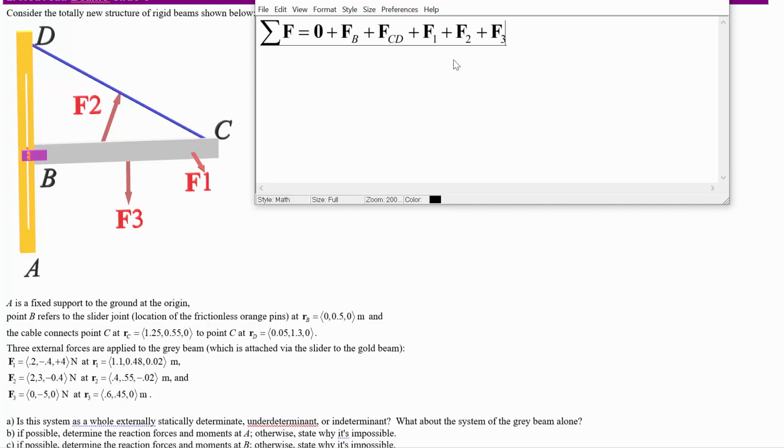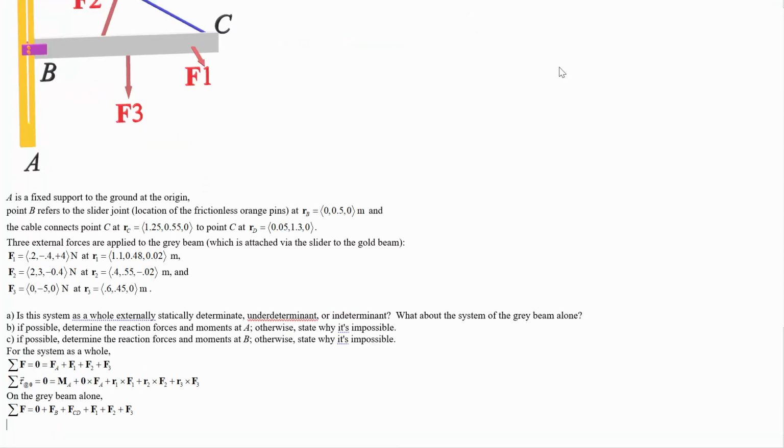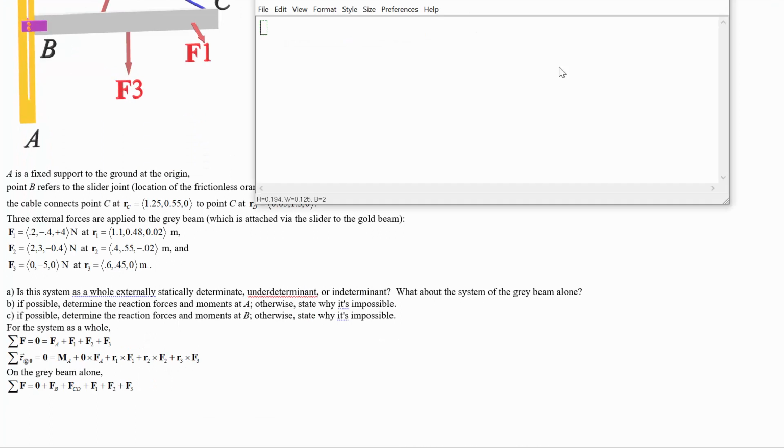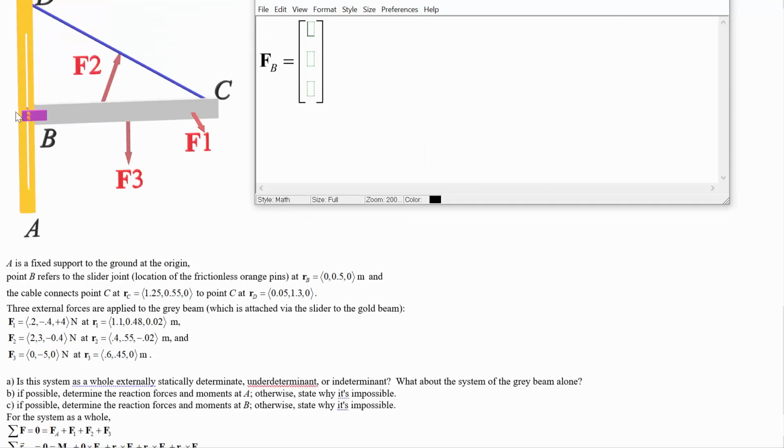And this will be the total force on that beam. Okay, great. Where we can write out what FB is. FB is some unknown force, some reaction force, that definitely has no y component. So it's FBx, 0, and FBz.